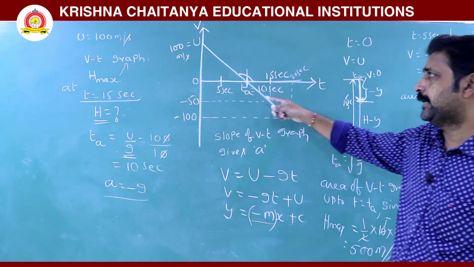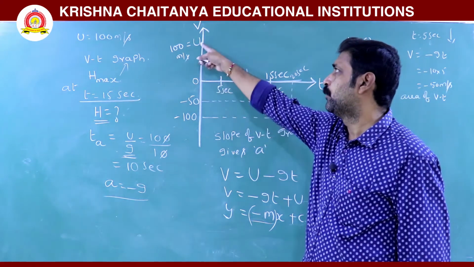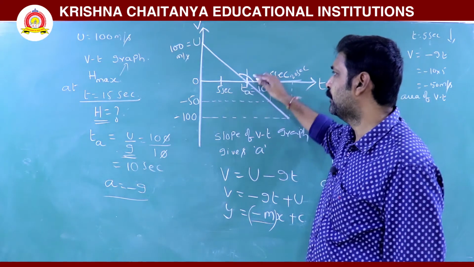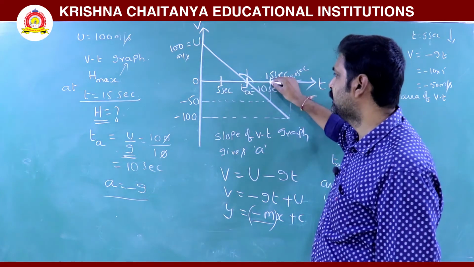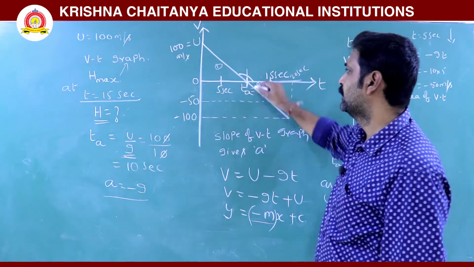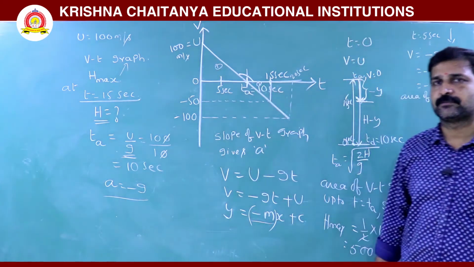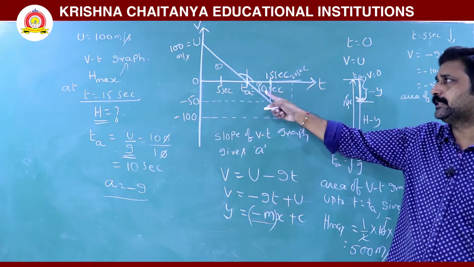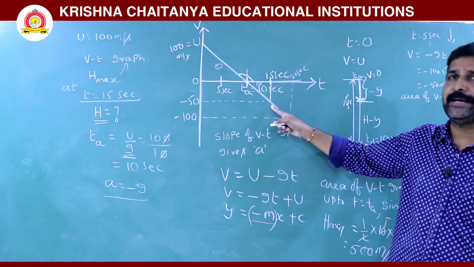That means the area from O to T_A and from T_A to 15 seconds. This is area 1, and this is area 2. This area is negative. Why? Because here the velocity is on the negative axis.